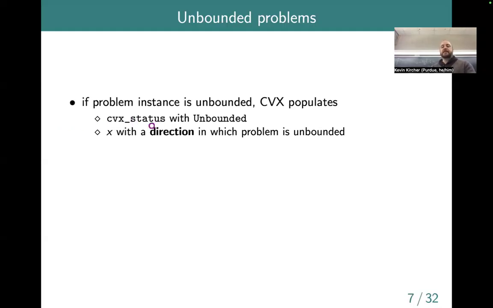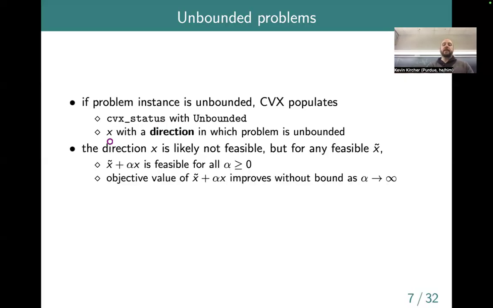For an unbounded problem, CVX behavior is a little bit interesting, so it's important to be aware of this. If your exit status is unbounded, that means there's some direction in your feasible set of solutions where you can move forever, and the objective function just keeps getting better and better. In that case, CVX returns a direction, or at least one of the directions, in which you can move to arbitrarily improve your objective function. This x itself probably is not feasible, meaning it doesn't satisfy all of the constraints.